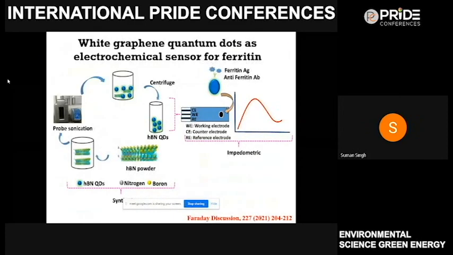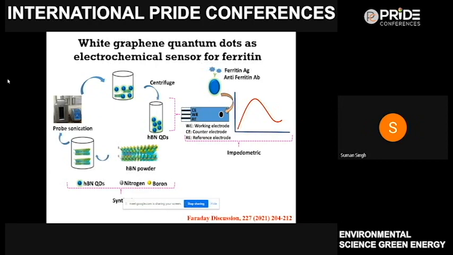This is white graphene quantum dots, which I discussed in the starting, and this work was published in Faraday Discussions. These white graphene quantum dots are very less explored for electrochemical sensing, but we tried.